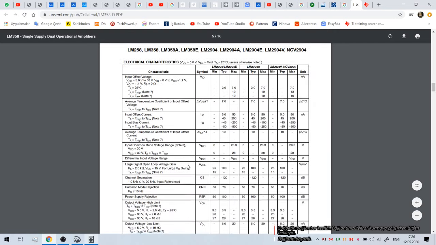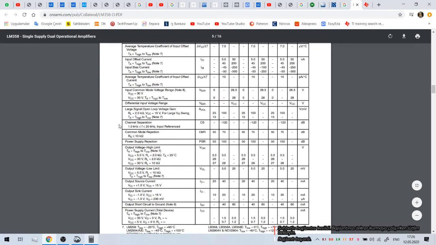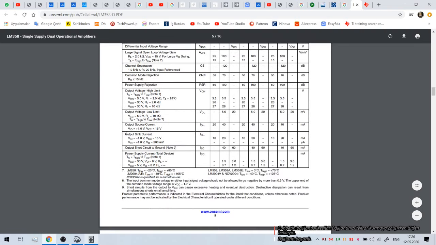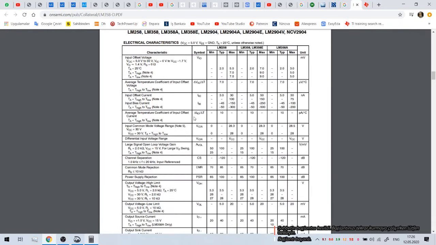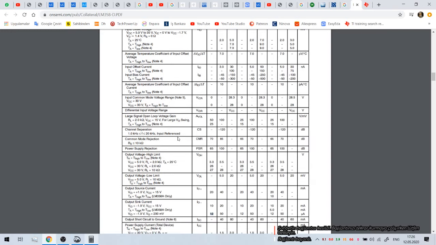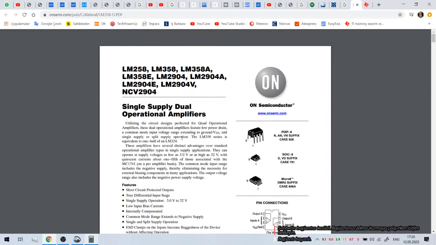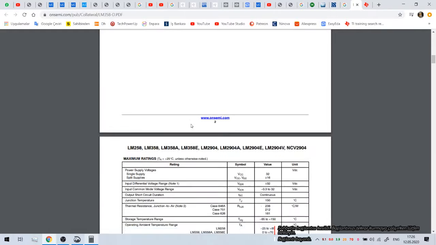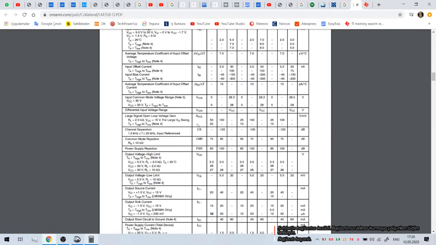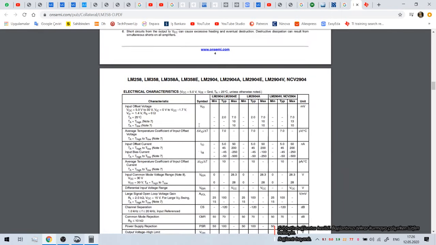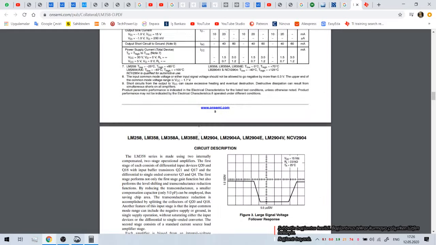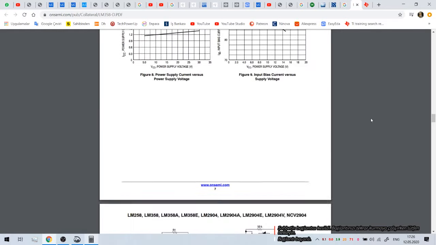This is very different from the other data sheet, I can say. No, 358. Where is the input impedance? I saw it in the data sheet, but I cannot see it now. Mostly 10 megaohm, 10 gigaohm also, it is very high, but I cannot see it.